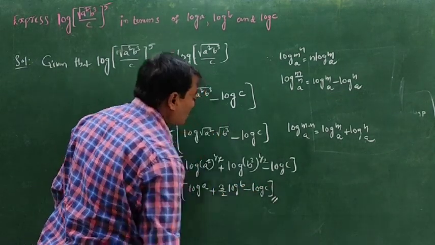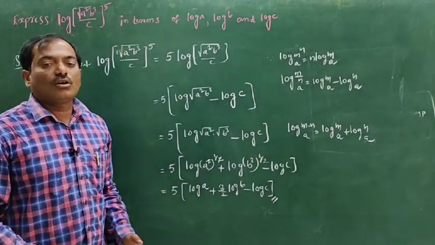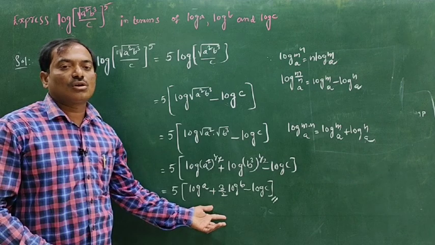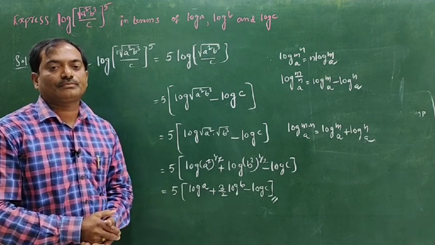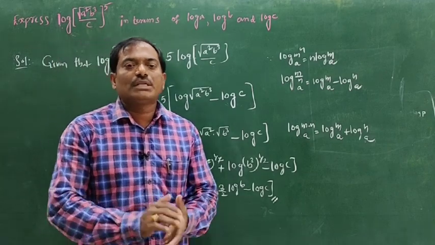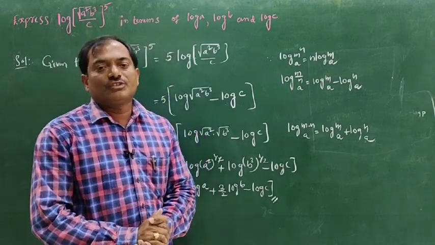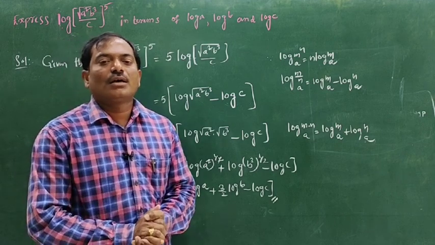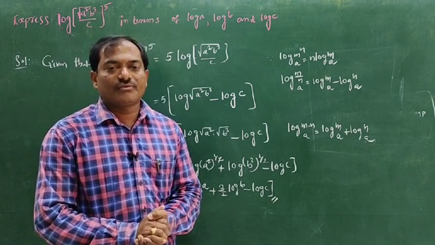Now this is the process of rewriting the given logarithmic function into a sum or difference of two or more logarithmic functions. Now dear students, you remember the properties of the logarithms. The properties are helpful to solve the given logarithmic functions.